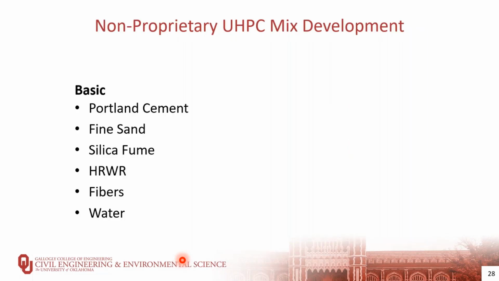All right, so if we look at developing a non-proprietary UHPC mix, the basic thing to look at is the materials that are available. And again, typically we're going to use Portland cement, fine sand, silica fume, high range water reducer, fibers, and water. And within Portland cement, there are variations in the performance for different types of cement.